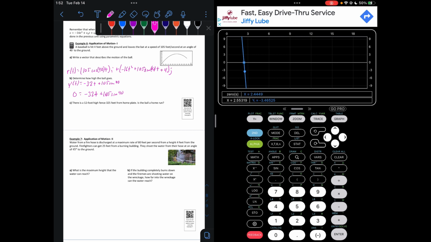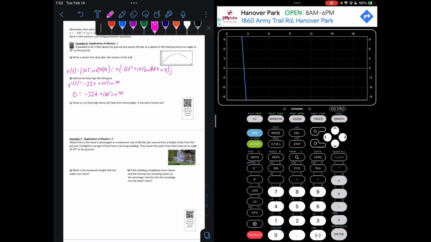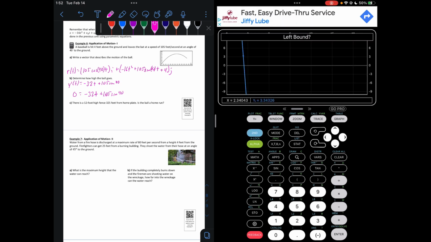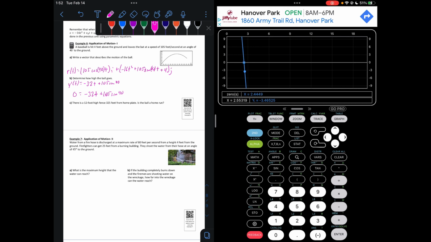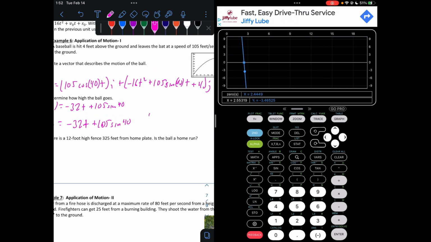All right, looks like I'm getting 2.449. Oh, that's not the right answer here. Let's try that again. No, that's what it's giving me, 2.449. I didn't think that was right, but it looks like we're getting it twice. So 2.449 seconds.